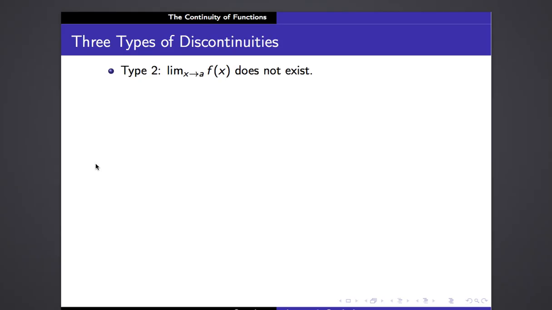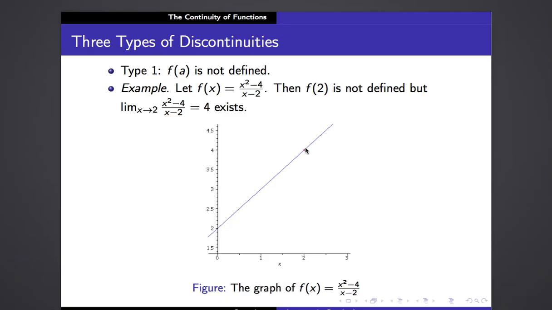Intuitively, a function being continuous at x equals a means there is no breakage, or there is no hole, on the graph of the given function. So if we go back here, you can see there is actually a hole on the graph. So this makes the function not continuous.